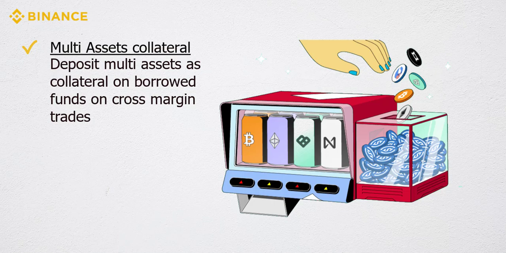On Binance, this can be done in the cross-margin mode. Instead of investing BTC only into a BTC-based margin trade, investors can use their BTC and ETH, or BUSD, USDT, and so on, to denominate their collateral, allowing traders to operate with more flexibility when opening trades.